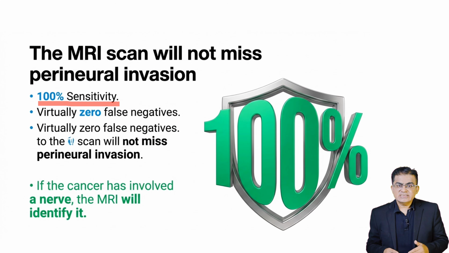In clinical and statistical terms, a 100% sensitivity translates to having virtually zero false negatives. Zero false negatives. If the cancer has involved a nerve, the MRI will simply not miss it.